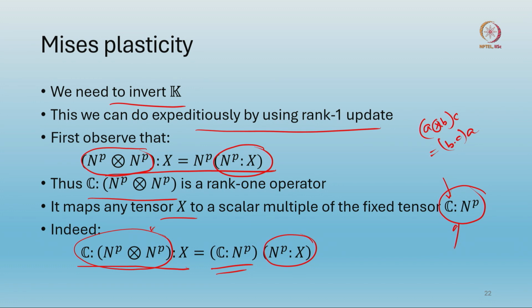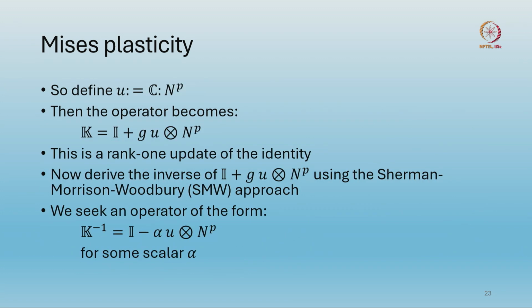Okay. So this is the reason why we can actually define this fixed tensor as this elasticity tensor fourth order inner product with NP gives you a second order tensor, right. And then G is basically a scalar and we can therefore write the operator, the scripted K, as identity plus G, a scalar, U tensor product NP.